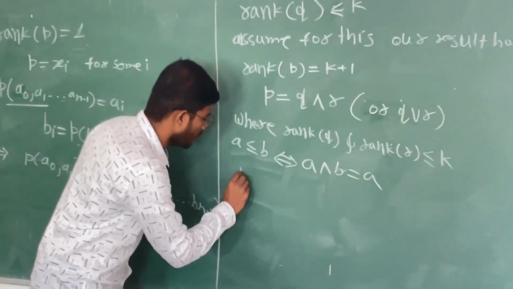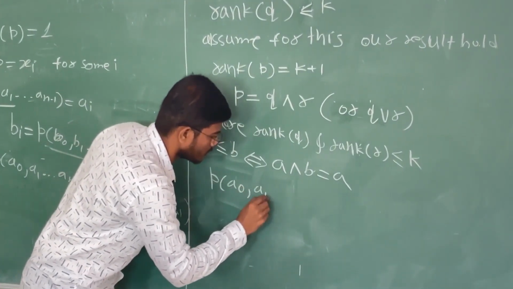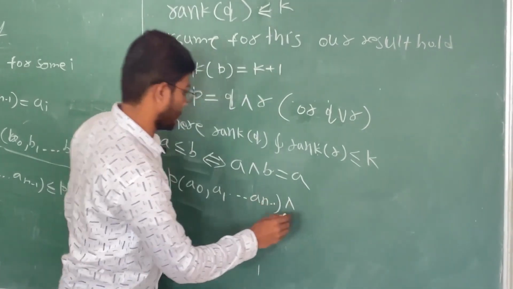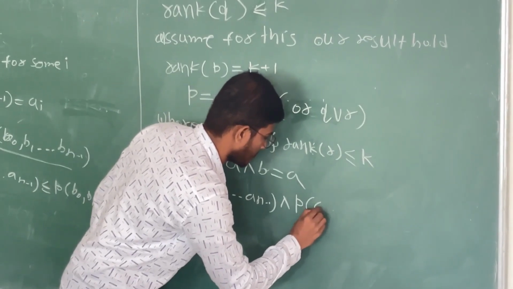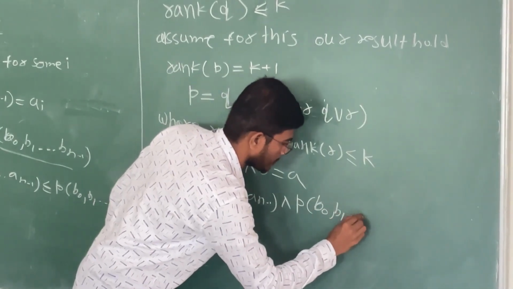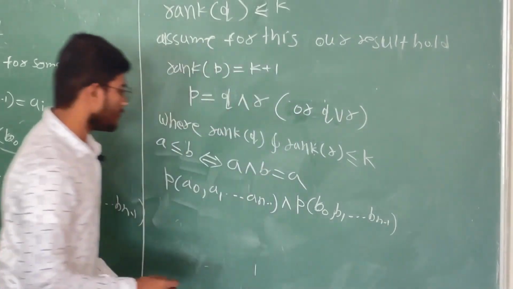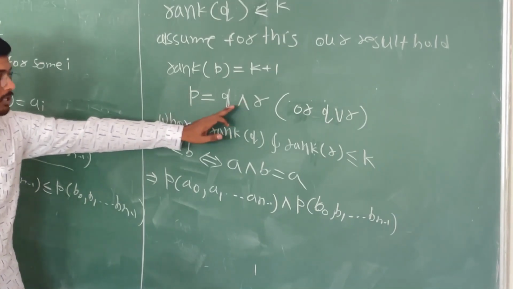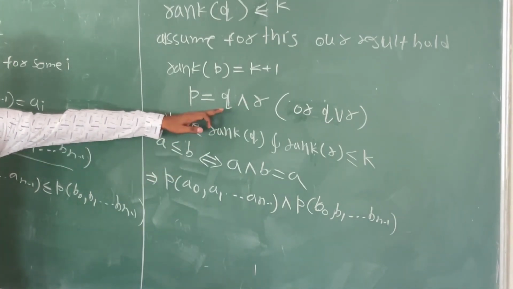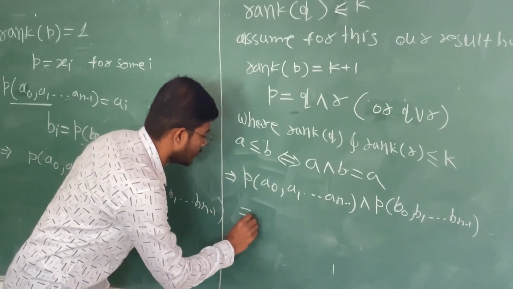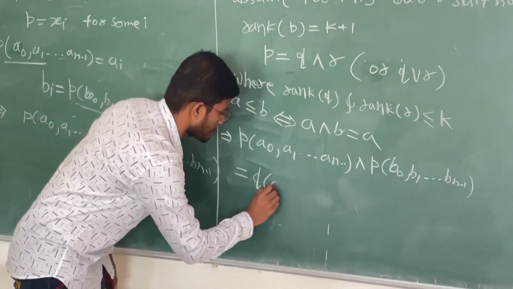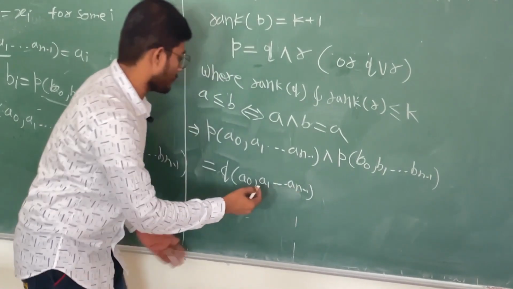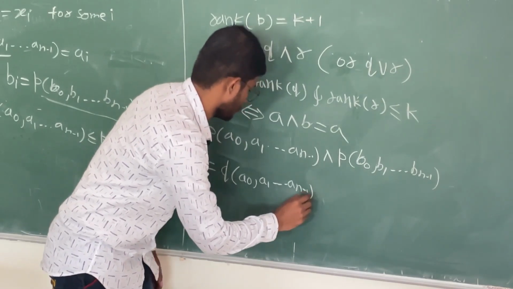So we will take some p. What is our p? It is the meet of these two polynomials. So we will split it as, write only a0 up to an minus 1, b0 up to bn minus 1.